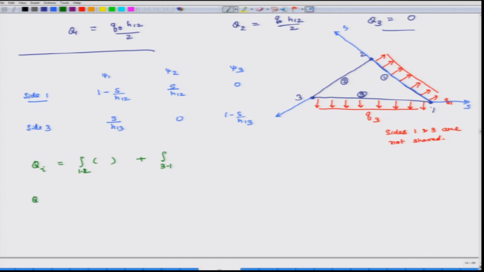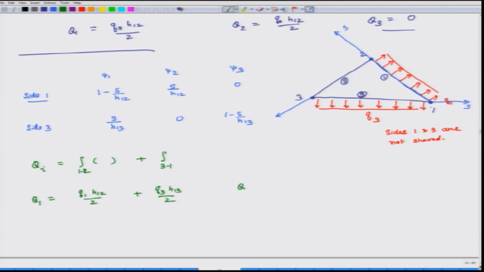So, Q1 will be, from 1 to 2, Q1 H12 by 2, and from 3 to 1 I will get Q3 H13 by 2. I have omitted a lot of details, but if you do the math you will get this number, okay.